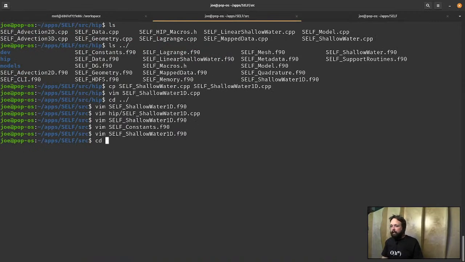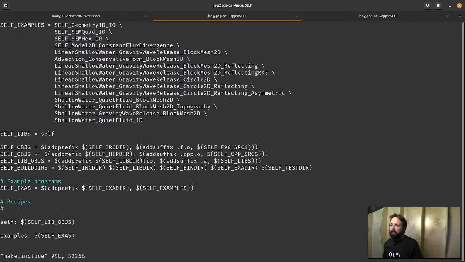Now, if you are thinking of contributing to the SELF source code, I'm hoping this is really helpful for you. The last thing we need to do outside of defining the new source code is edit a part of the make system called make.include, which defines all the things that need to actually be built.